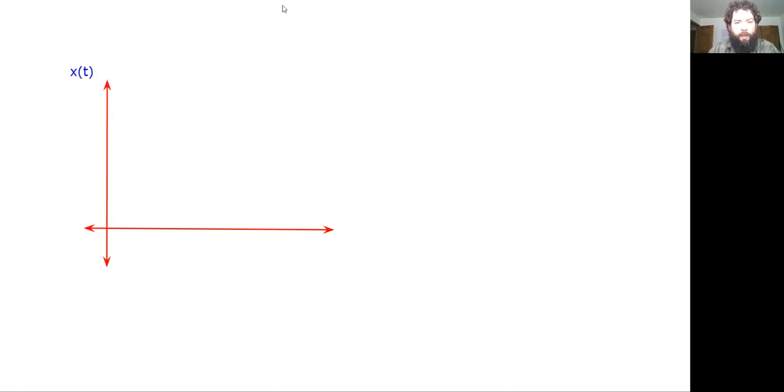And we'll want to label this as positive and negative as well. So that'll be the positive direction, this will be the negative direction. And this will be time here, and that will also have a positive and negative direction. So that's positive, and this is negative. Okay, so we need the origin, so it's going to equal 0 at the origin of each one.